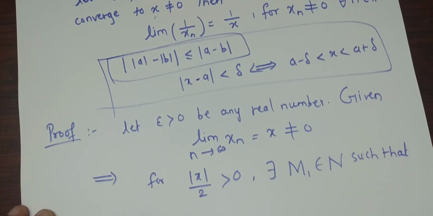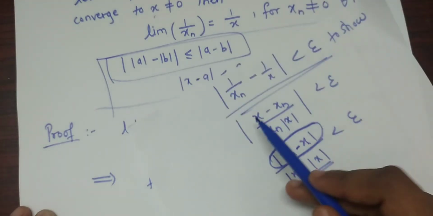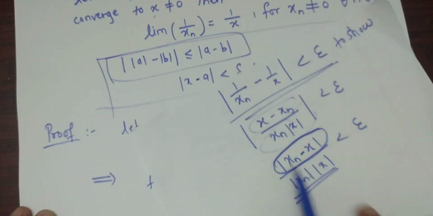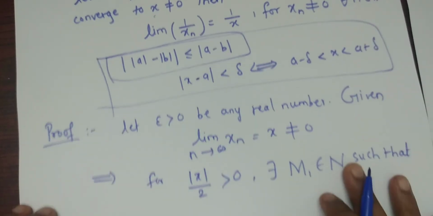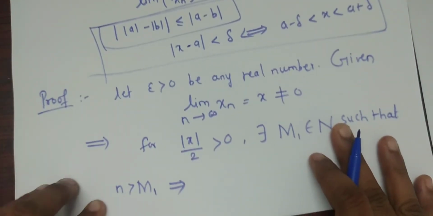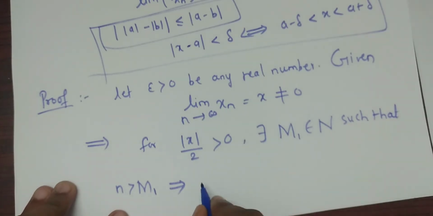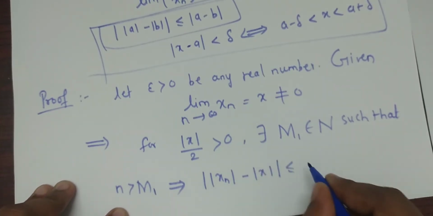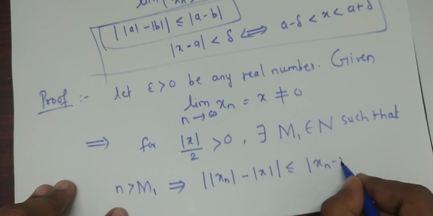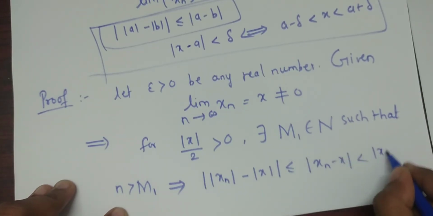use the definition of limit of a sequence. We have to take m1 for this and m2 for the other. So n greater than m1 implies mod of mod xn minus mod x is less than or equal to mod xn minus x, which is less than mod x by 2.